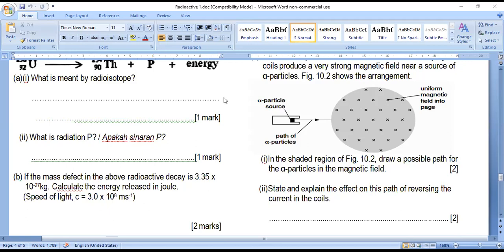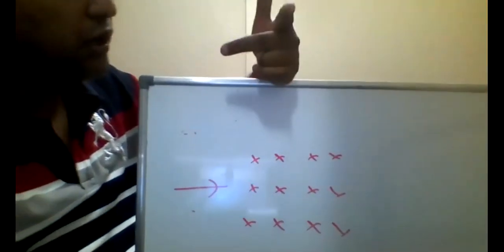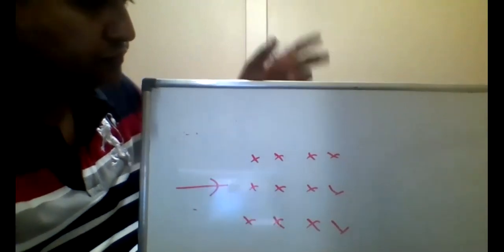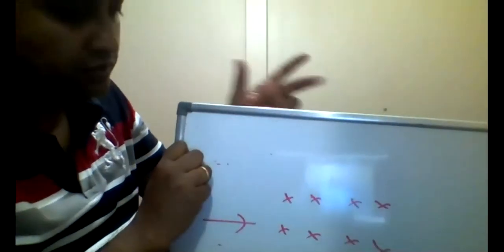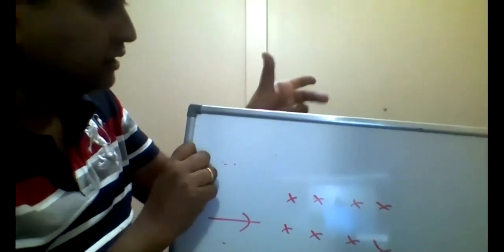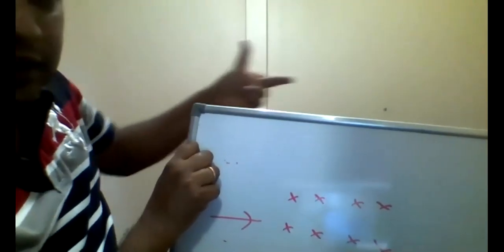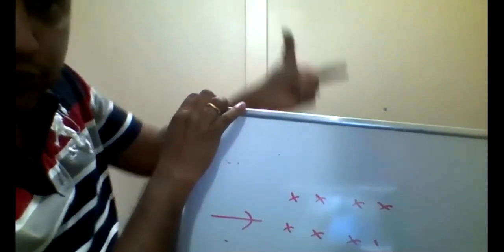Use your Fleming's left-hand rule. FBI. Your magnetic field is going into the page, so the magnetic field must point inward, and the alpha is moving this way. You can see the alpha moving this way. That means your force is upward.